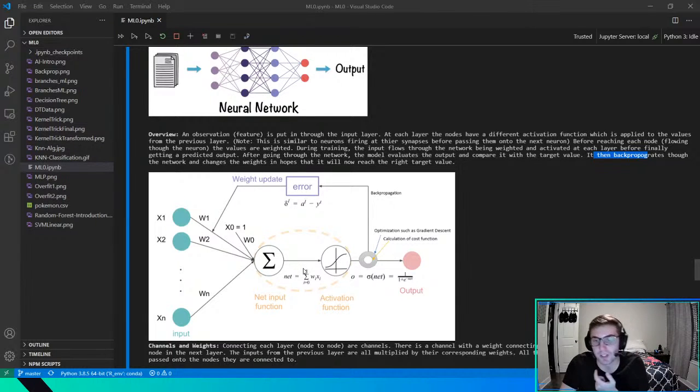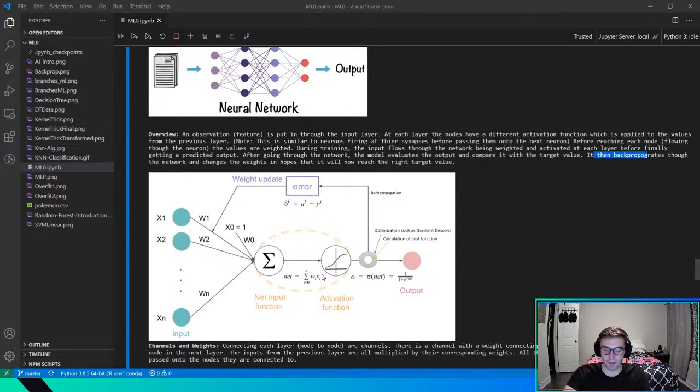So here is a good example of an activation function. Say we were trying to predict whether a Pokémon is legendary or not. Almost 100% of the time, the weights, when summed together, are not going to be between 0 and 1, where 0 and 1 is the probability that it's legendary. If you pass it through this activation function, it allows it to become a yes or no answer, where, for example, if you have 0.6, it's a 60% probability.